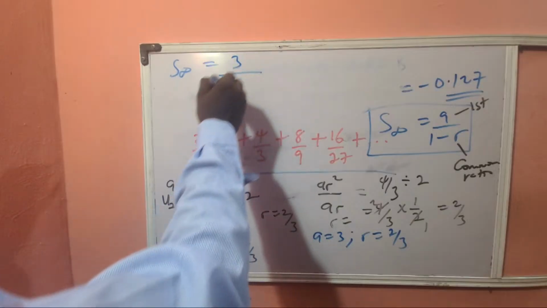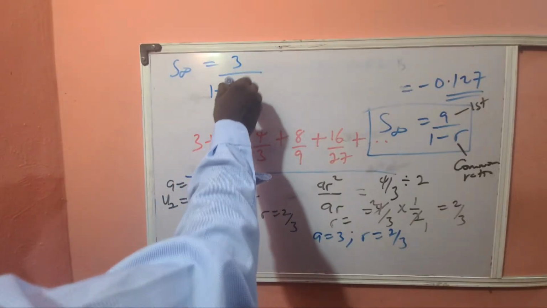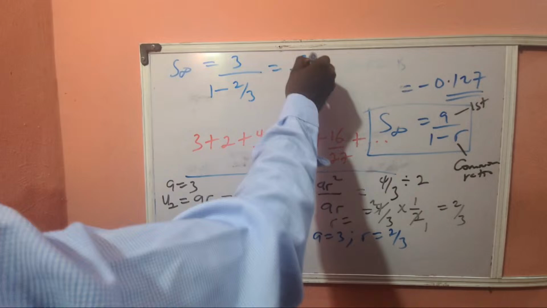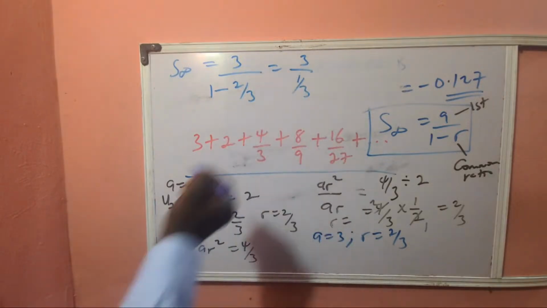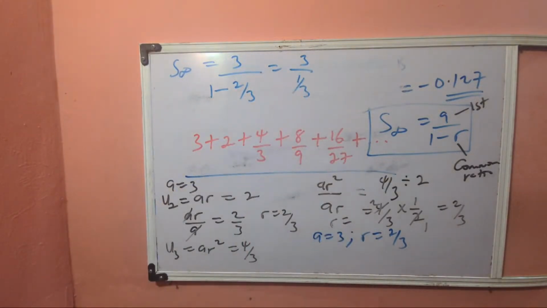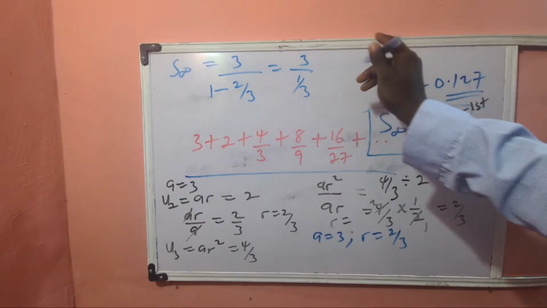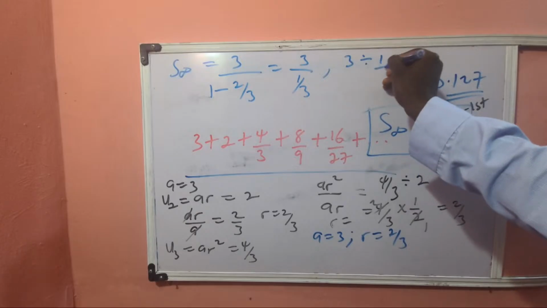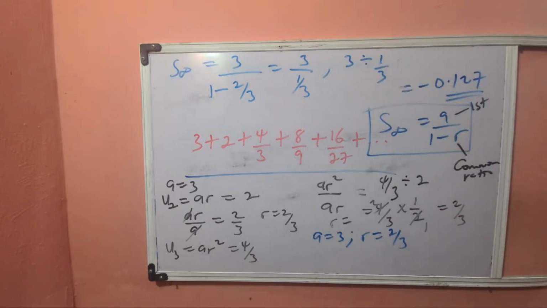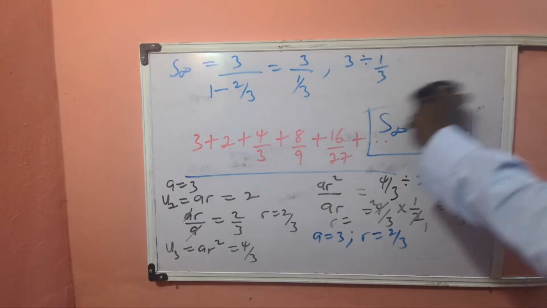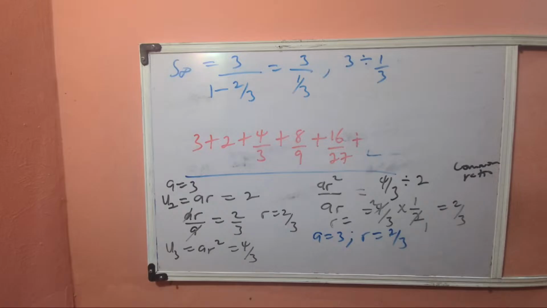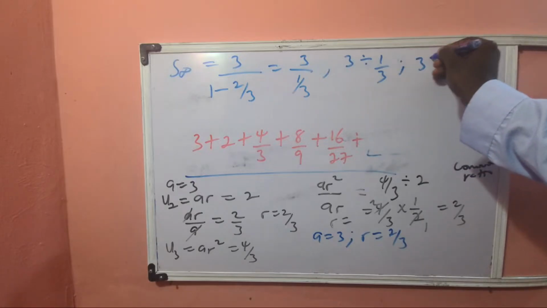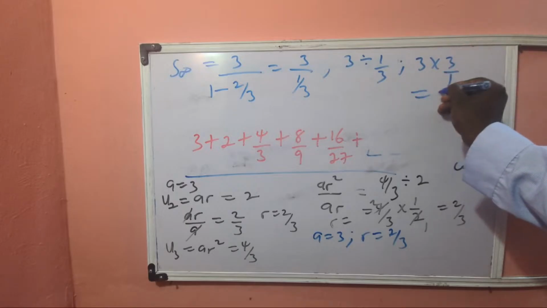That will be 3 divided by 1 minus 2 over 3. Of course, that's 3 divided by 1 over 3, because 1 minus 2 over 3 gives you 1 over 3. This will be 3 times 3 over 1. This is 9.